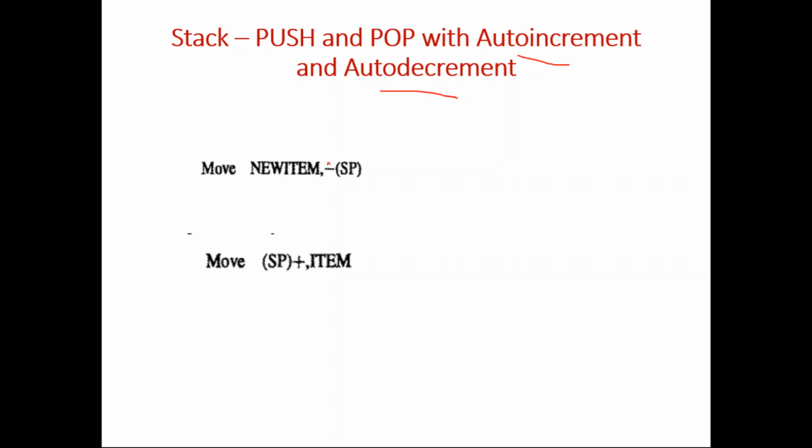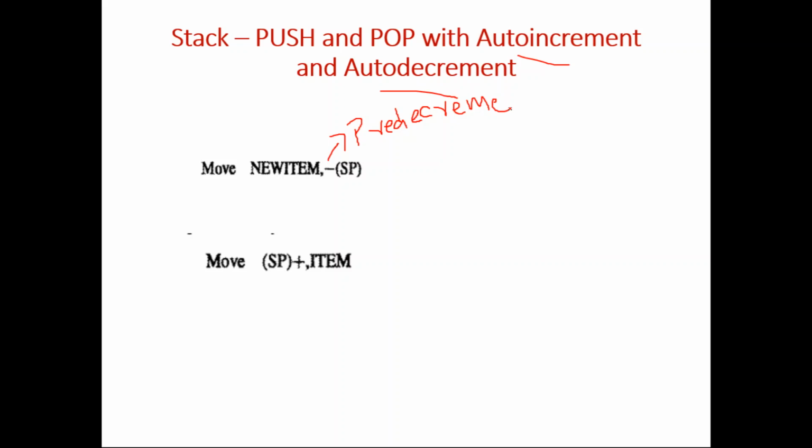Minus means it is pre-decrement. Before performing the operation, what is the operation here? Moving the content of the memory location new item to the memory location where SP points. But it is preceded by pre-decrement, which means before performing the operation, decrement.